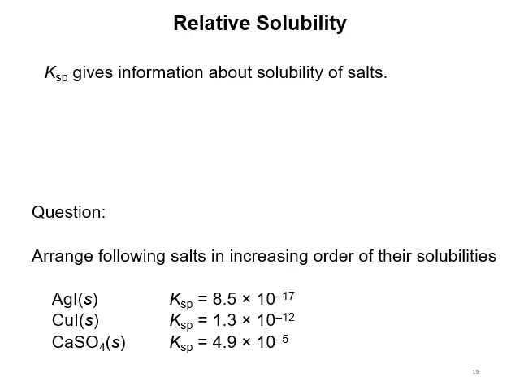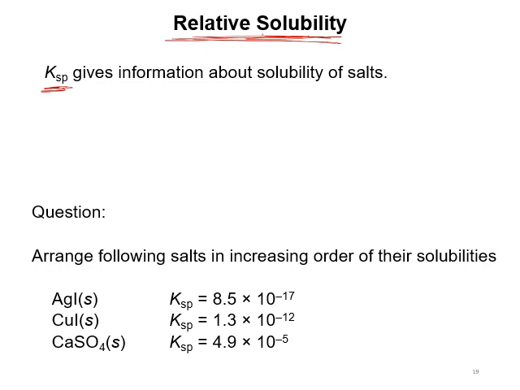This is a question type that we have talked about, how we can use Ksp to figure out relative solubility or compare the solubility of different salts. For instance, a question like this: arrange the following salts in increasing order of their solubilities. What's given to us are all of their Ksp values.